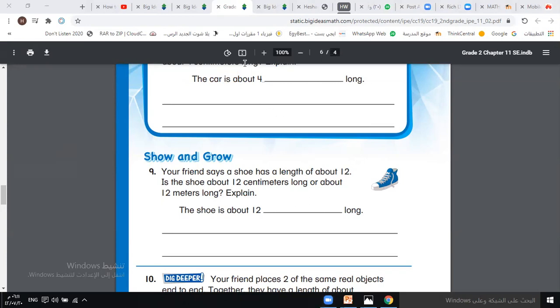Centimeters. It can't be meters. Meters is very long. 12 meters means 12 times as long as the meter stick. So it can't be. So it's 12 centimeters. Thank you, Omar. Bye.